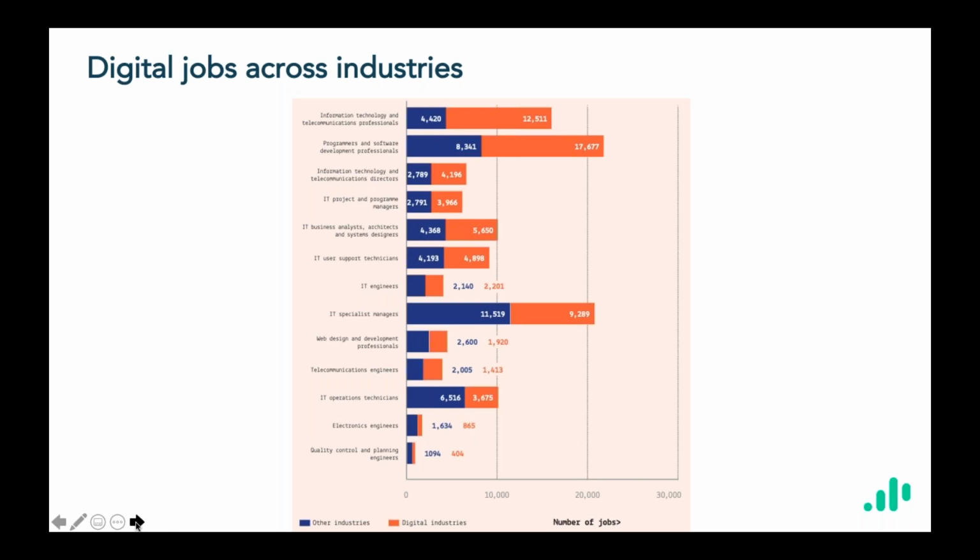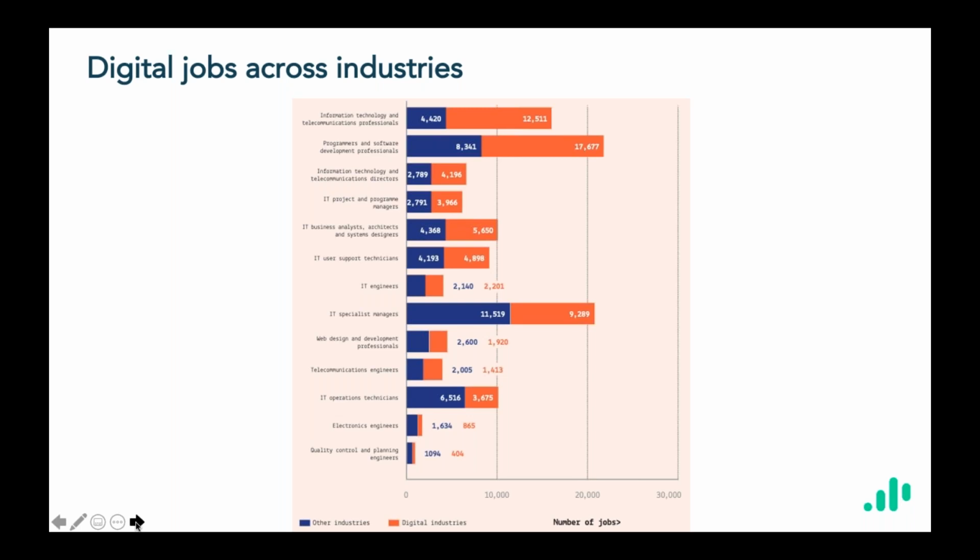So they're not just employed in the digital industries themselves. So what this slide is showing here is, in the orange portion of each bar, that's the number of jobs which are employed in the digital sector in the region of interest, so the South Central area of the UK. And then the blue section of each bar, that shows the volume of those same jobs that are employed outside of the digital sector directly.